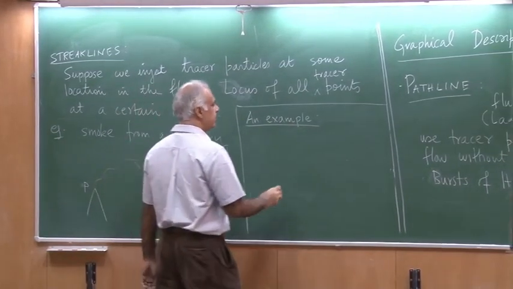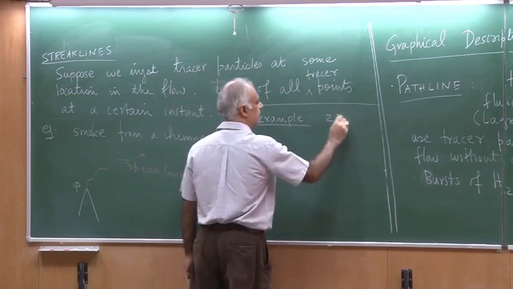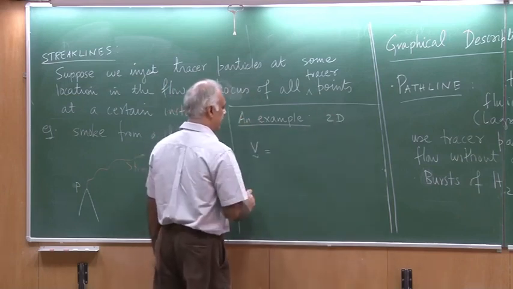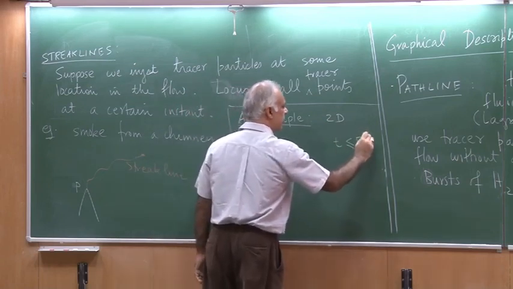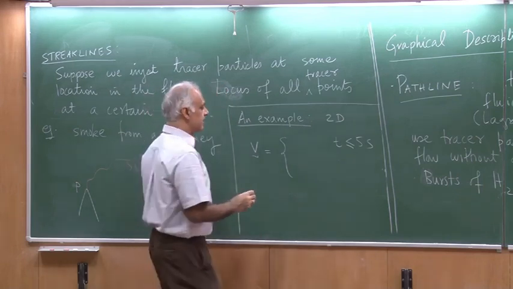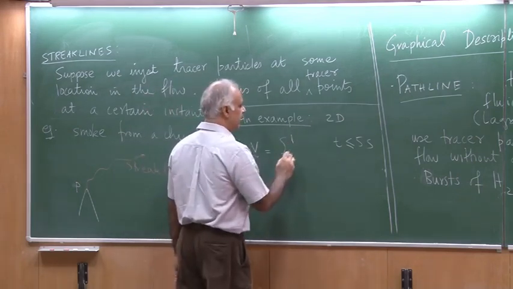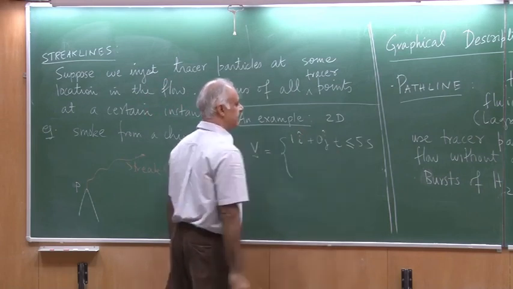Let's consider a velocity field in 2D such that for t less than or equal to 5 seconds, I have flow only along the x direction. So this is 1 meter per second in the i plus 0 j.